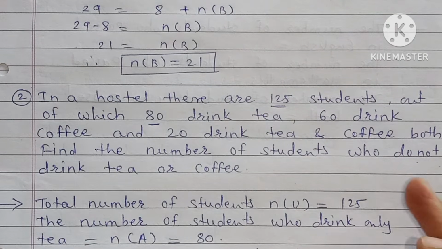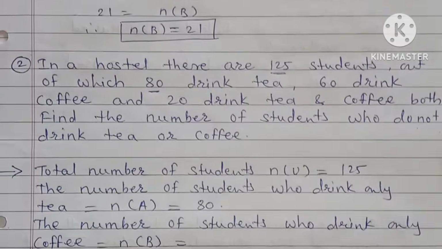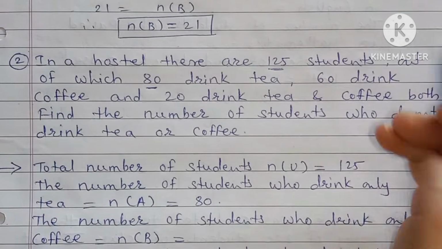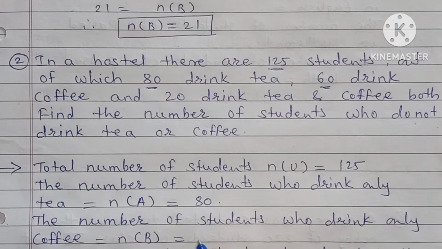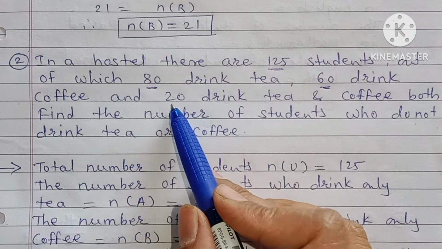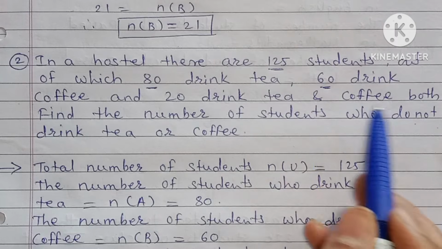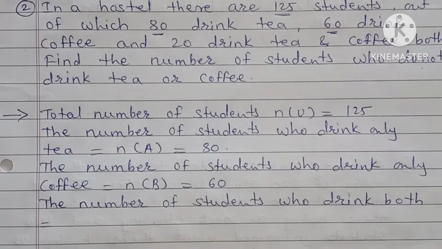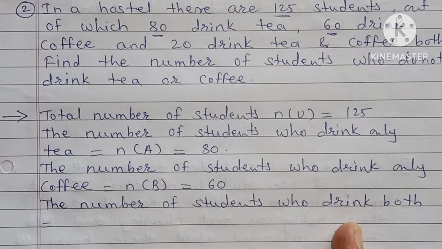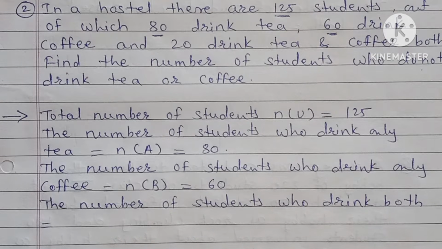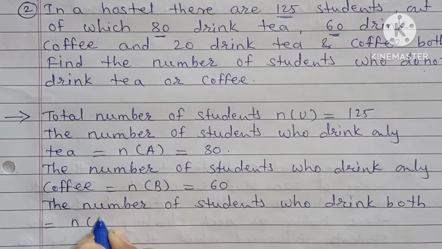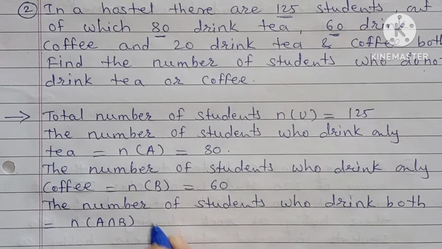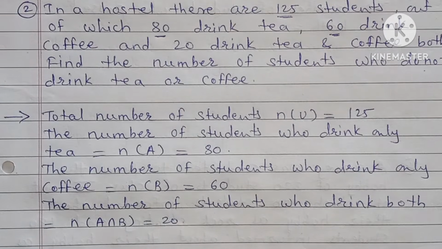Now, how many students drink only coffee? 60 students drink coffee. And what is remaining? 20 students drink tea and coffee both. Means the number of students who drink both tea and coffee, how to show? n of A intersection B is equal to 20.